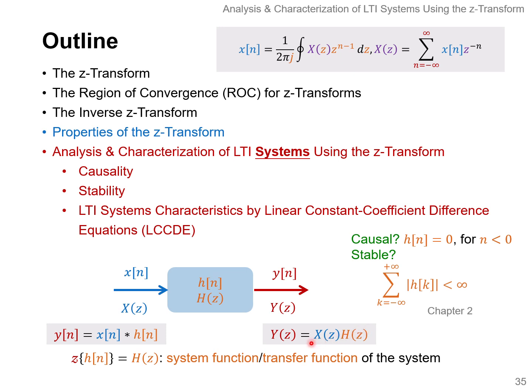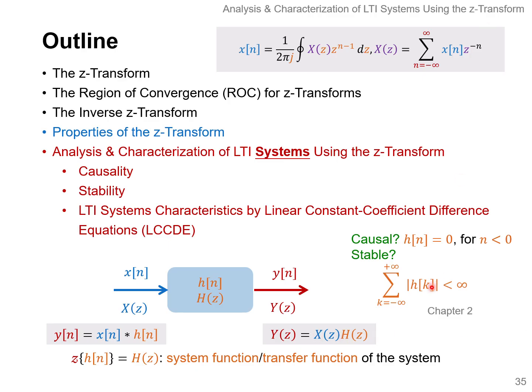The z domain helps us move from signal analysis to system analysis. It helps us check whether a system is causal or stable. It also helps us understand how the system responds to any input signal.